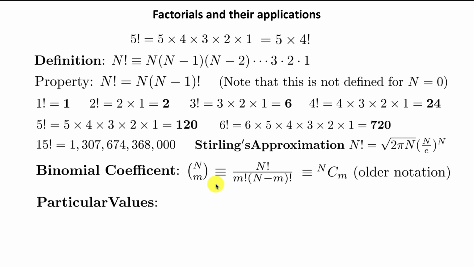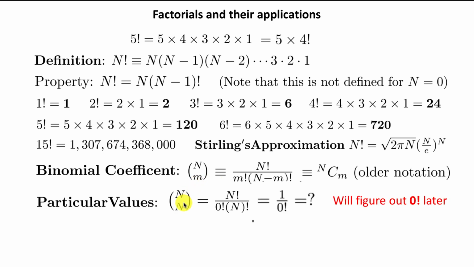Let's look at some particular values, starting with m equal to n. And now straight away we run into a kind of a problem because we have n factorial over n factorial and then n minus n factorial, that's 0 factorial. But then we haven't yet defined what 0 factorial is. We'll do that very soon.